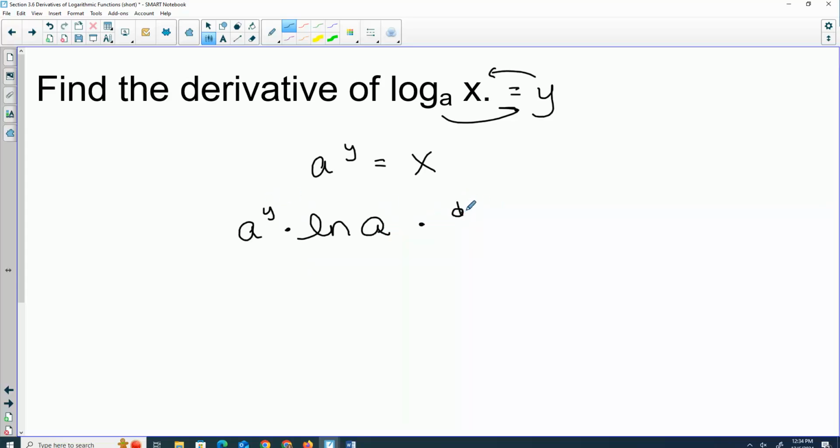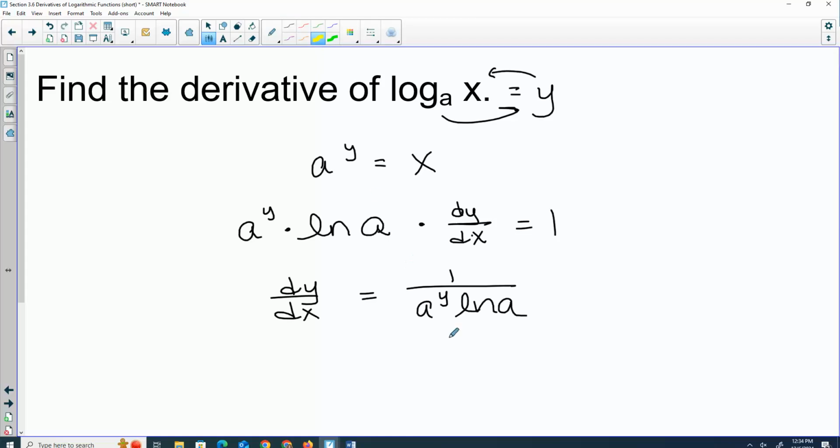Since y prime, or dy/dx, equals 1. If I'm solving for dy/dx, just divide that down. It's 1 over a to the y times the natural log of a. And from earlier in the problem, a to the y is equal to x.